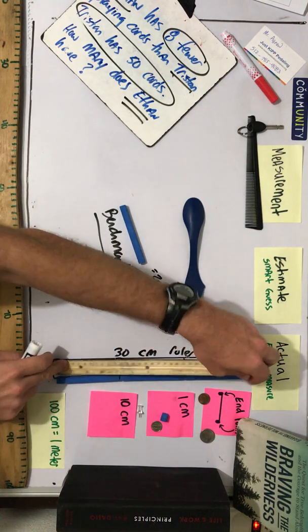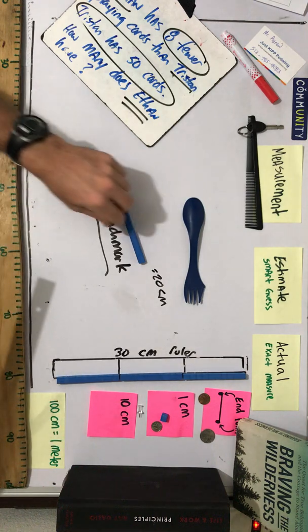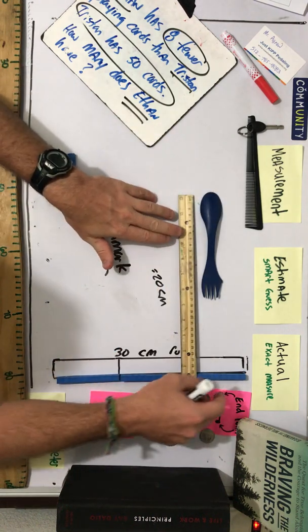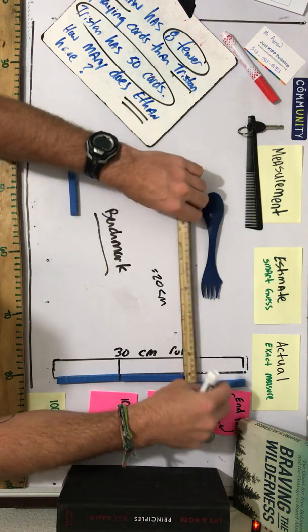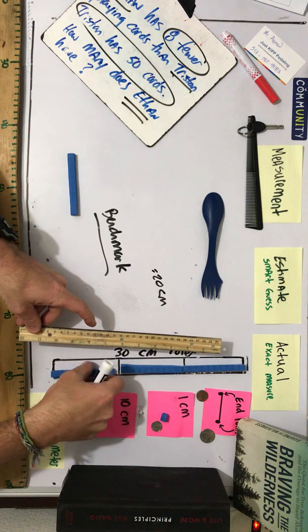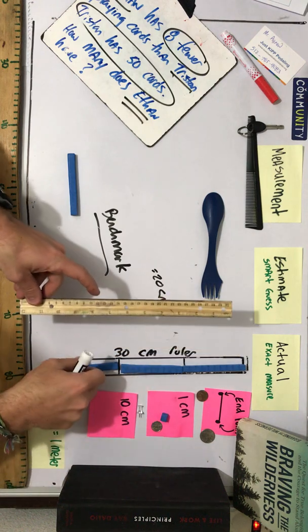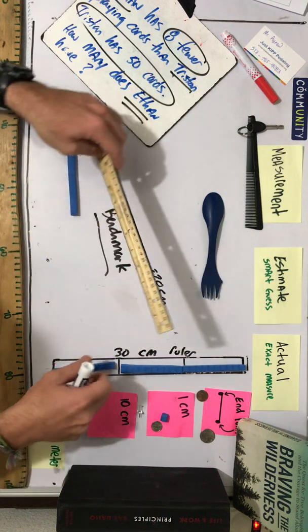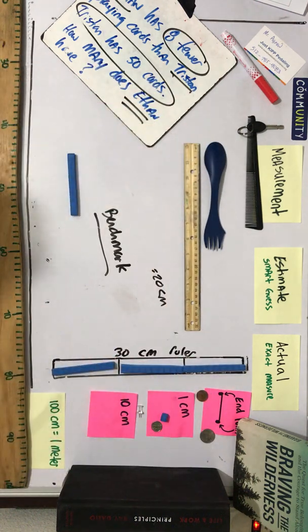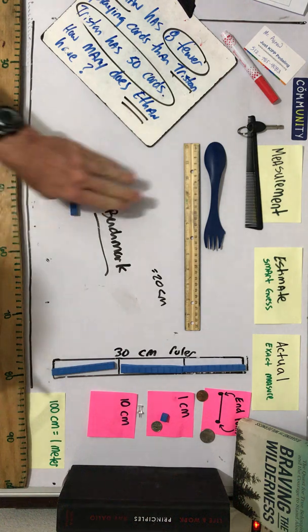For the exact measure, I'm going to start using my ruler a little bit. For the exact measure of the fork, you can see that this was 30 centimeters. You see what I did? I lined up all three of these so you can see that these are 30 centimeters. Now I'm just going to use my 30 centimeter ruler to measure.